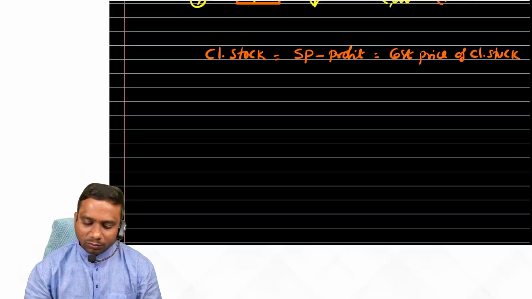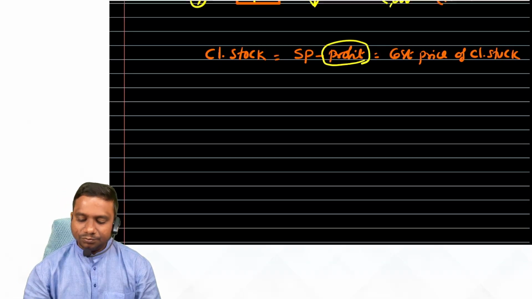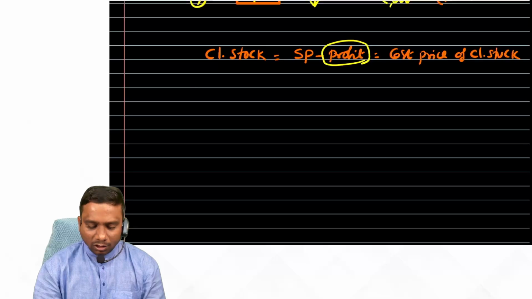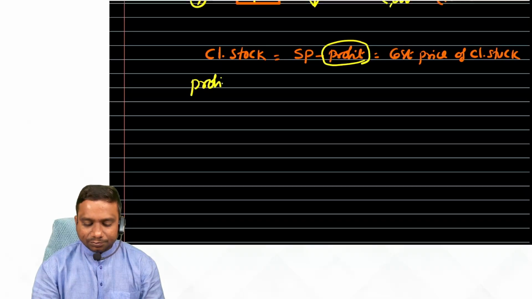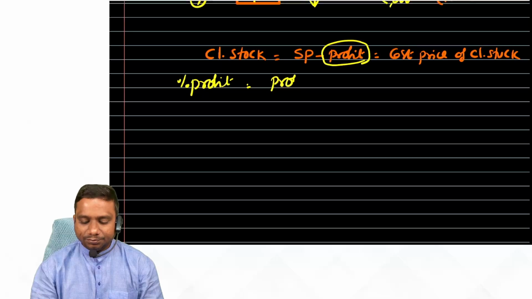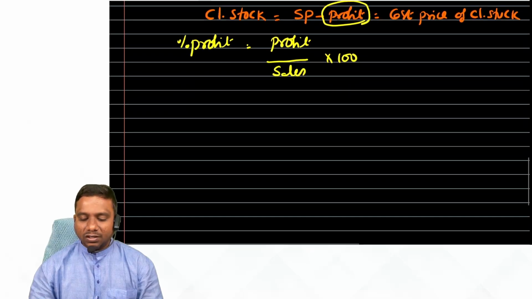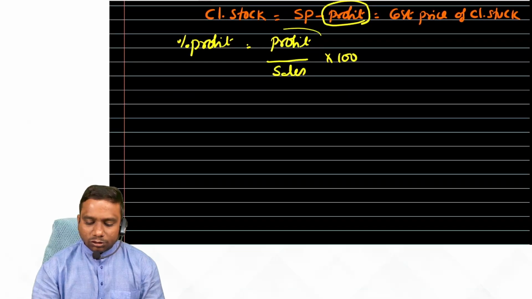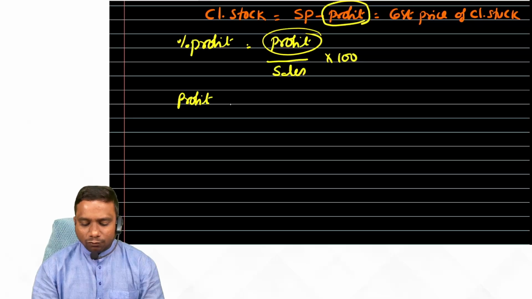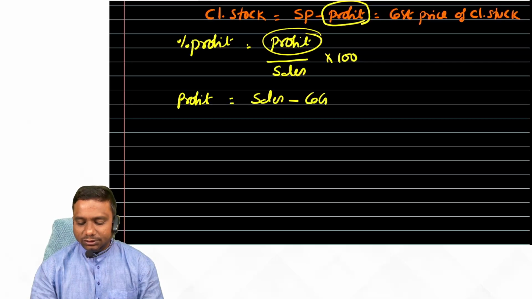But here the problem comes. What about the profit margin? Now, to calculate the profit margin, we have a formula: profit divided by sales into 100. Yes or no, students? Now, the question comes, how much is profit? Profit we have the formula: sales minus COGS.